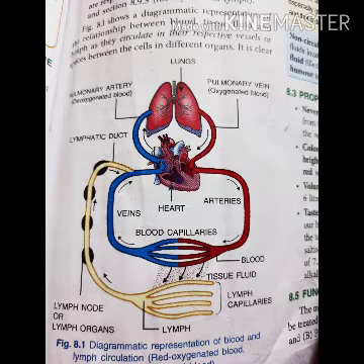Closed circulatory system means blood always circulates in a closed manner. That means all the time it passes through the blood vessels. It is not seen in a free space. It is always inside the blood vessels or in the heart.